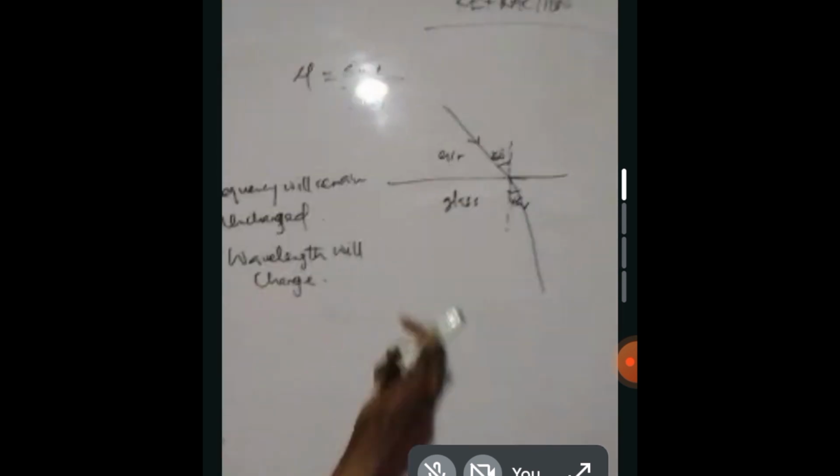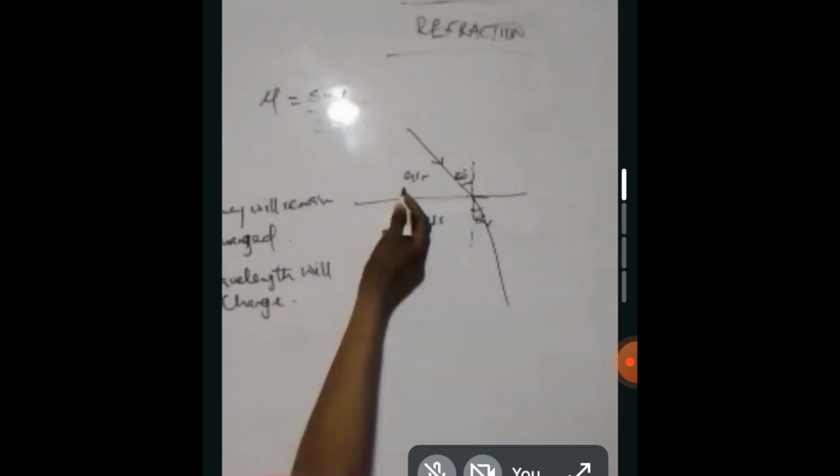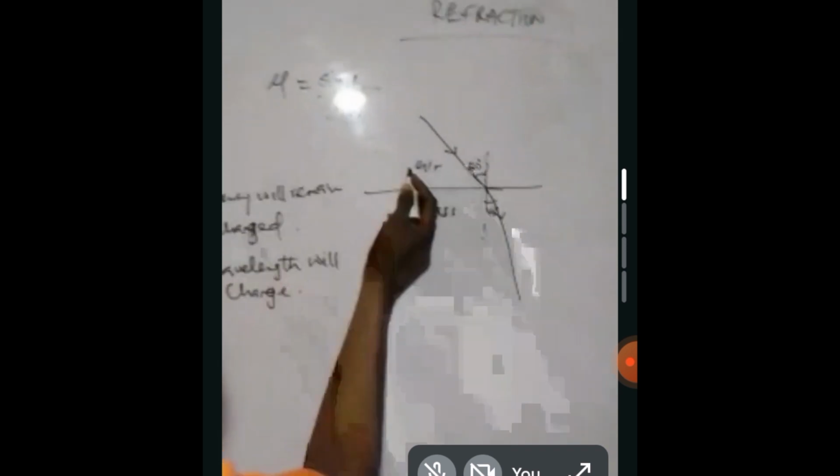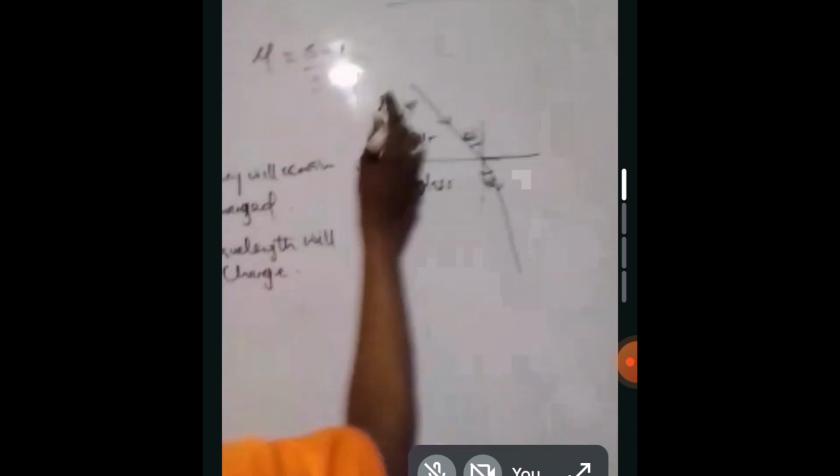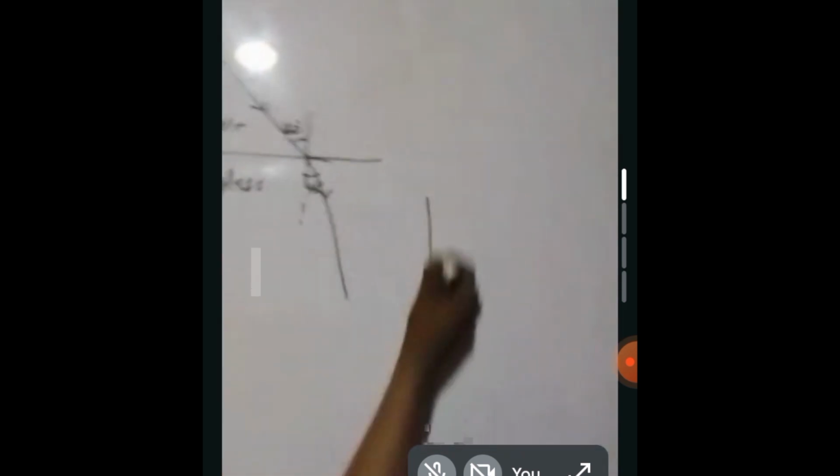So we said the frequency will remain unchanged and the wavelength will surely change. The wavelength of light in the first medium, which is air, let's call it wavelength 1. For those of us that know what a wave is, this is progressive wave motion.